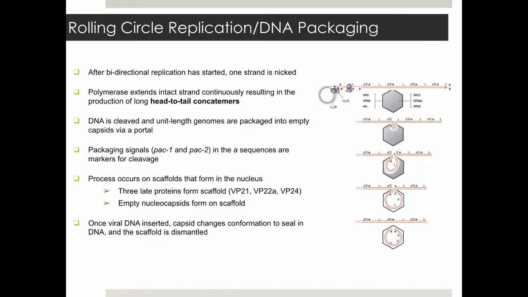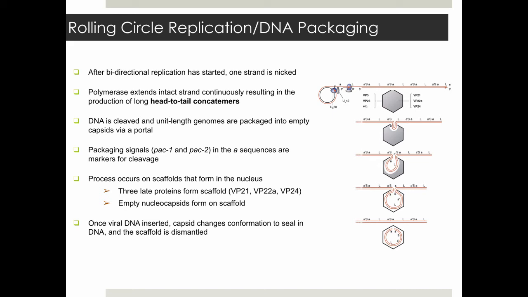Replication in herpes virus, particularly in herpes simplex, which is the one that's best understood, is extremely similar to DNA replication that happens in Lambda and a number of other bacteriophages.